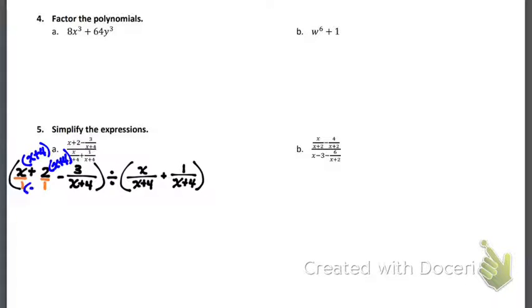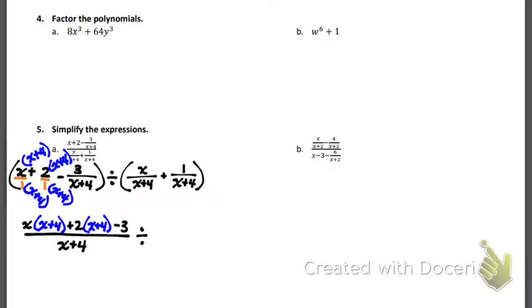I have to do it on the bottom also. I can't make anything cancel here because I don't have an equal sign. The only time I can make things cancel is when I have an equal sign. So I have x times x plus 4 plus 2 times x plus 4 minus 3, that one already had a denominator, all over my common denominator of x plus 4.